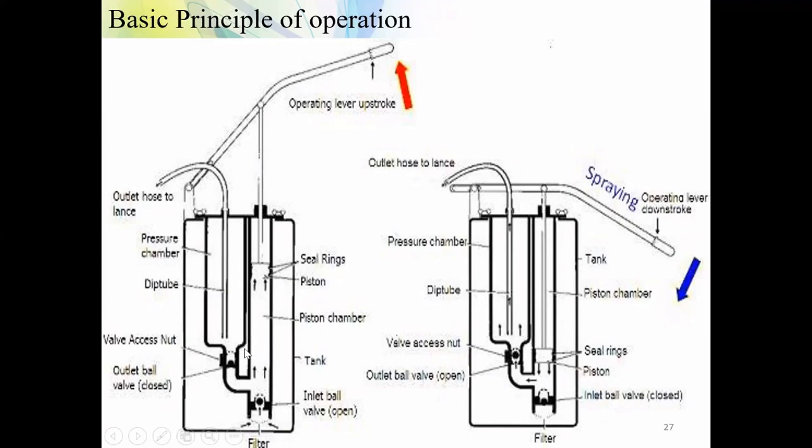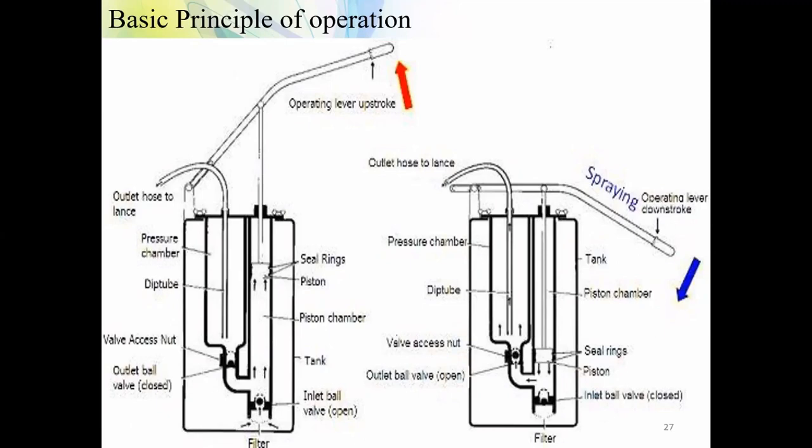So the volume of the piston chamber is increased, and while the volume is increasing, the pressure is decreased. So the inlet valves present at the bottom of the piston chamber open, so that the liquid from the chemical tank is flowing inside the piston chamber.